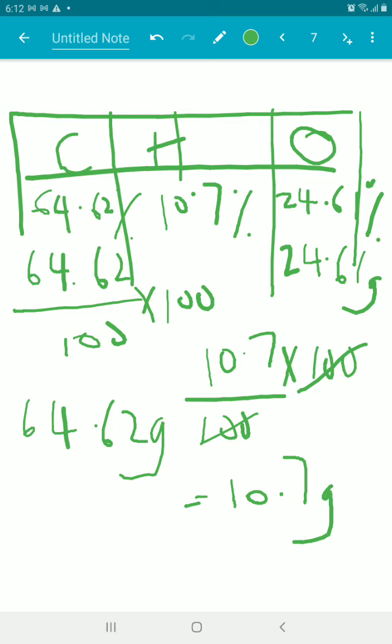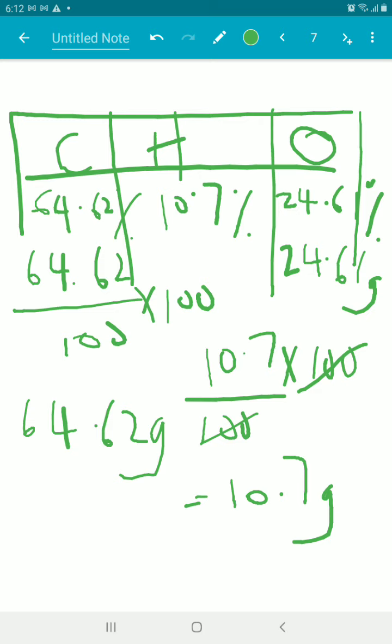Next step is you calculate the number of mole for each of the substance. And next, you need to find out the simplest ratio. How to find out the simplest ratio? Simplest ratio can be calculated by dividing by the smallest number of mole.